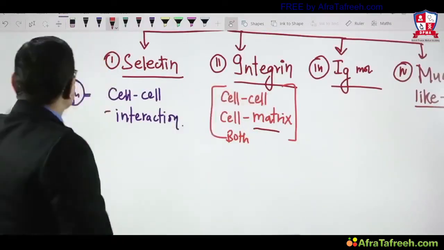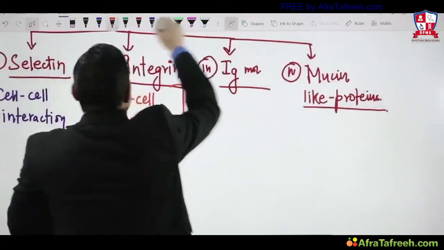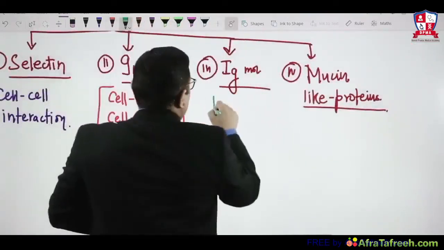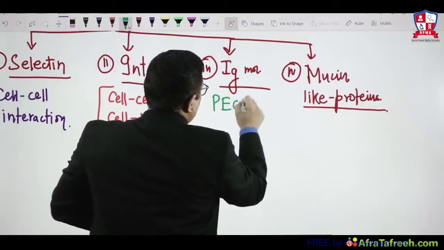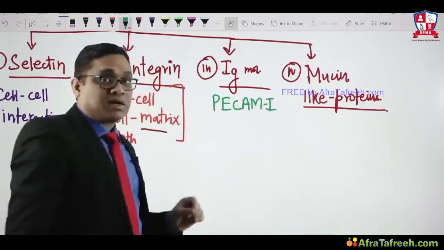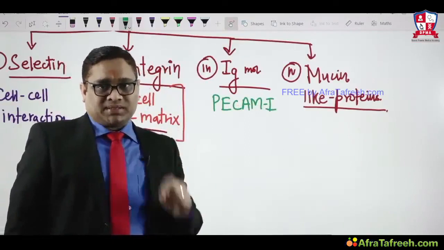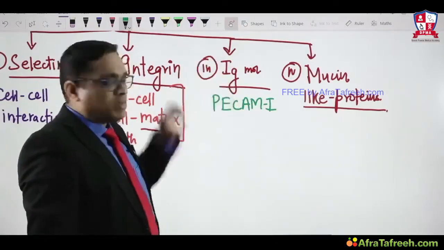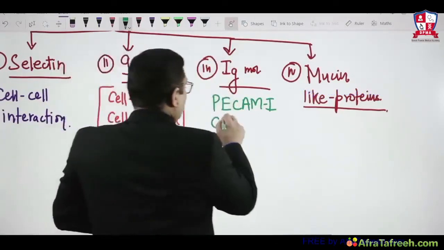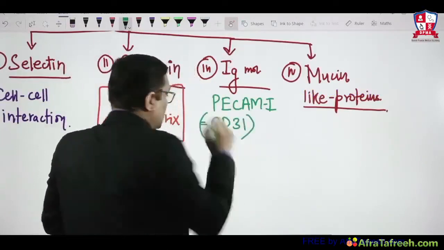Immunoglobulin molecule: you have seen earlier in our discussion, there was one molecule called PECAM-1, right? You remember PECAM-1 CD31, which was the most important adhesion molecule for diapedesis. So PECAM-1 is an immunoglobulin molecule whose marker is CD31, right?